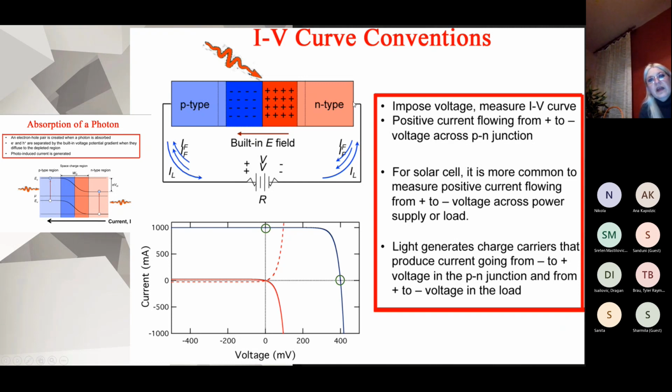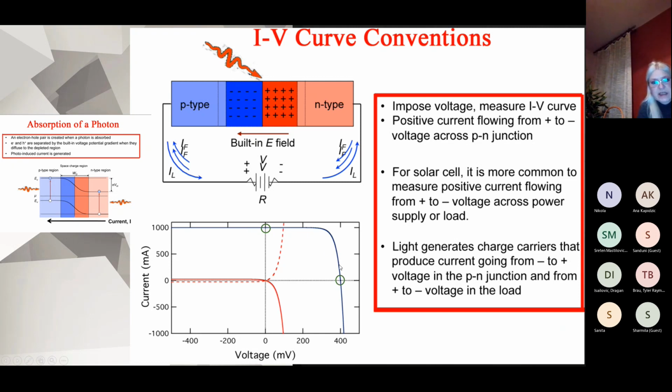So it's going from negative to positive, and then of course from positive to negative across this power supply or load. So the direction of the light-induced current will be opposite to the forward bias current. And if we measure how the current looks as a function of the voltage, we're going to get this curve.